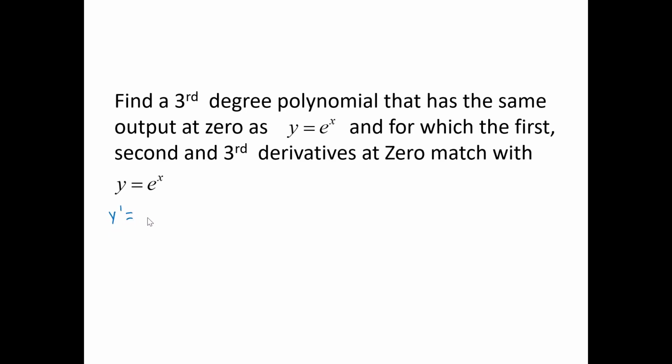So again, y prime equals e to the x, y double prime is also e to the x, and y triple prime is also e to the x, and they match, right? We need some space here. Let me go ahead and do that.